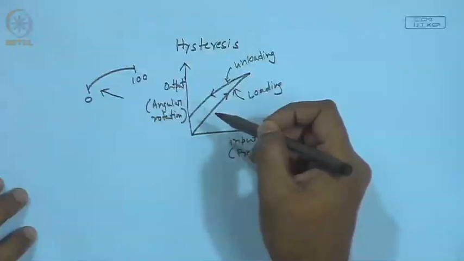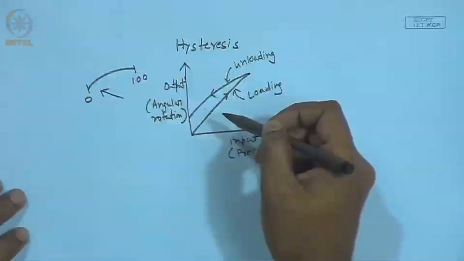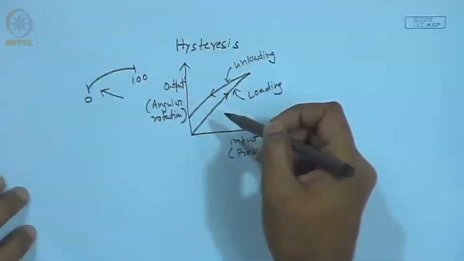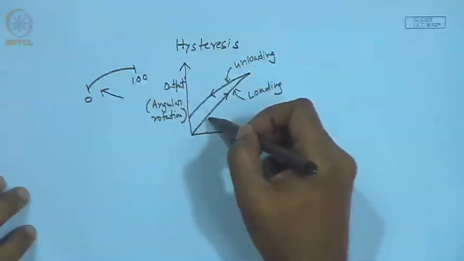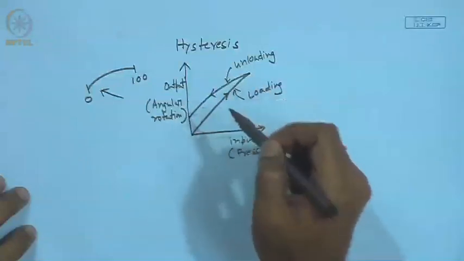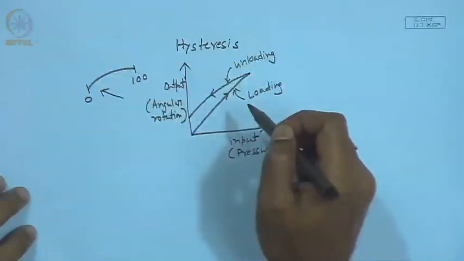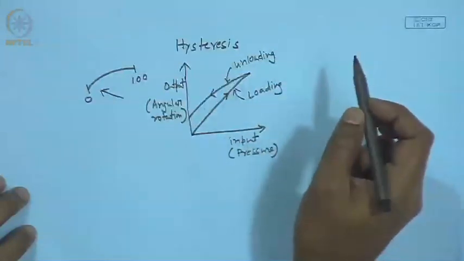Obviously, I am unable to recover the entire amount of energy. So, this non-coincidence of the loading graph and the unloading curve is called hysteresis, which is the result of friction or backlash.